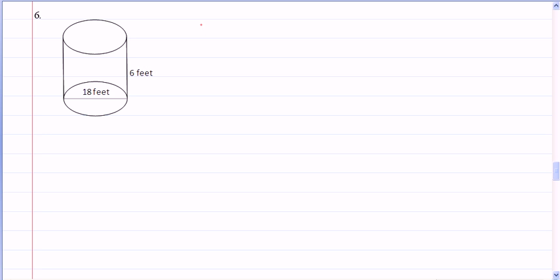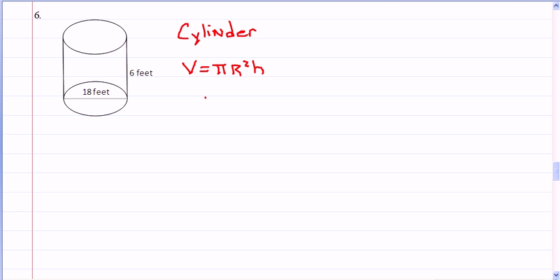For number 6, we have a cylinder. And the formula for the volume of a cylinder is pi r squared h.